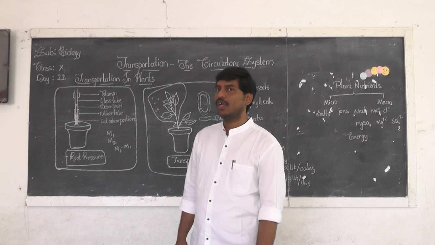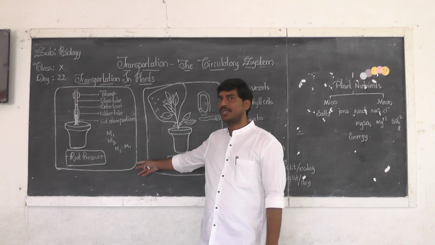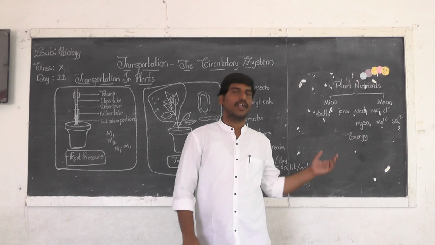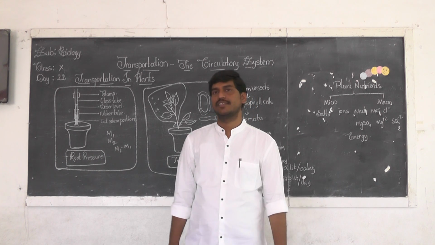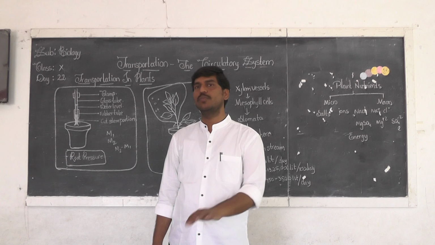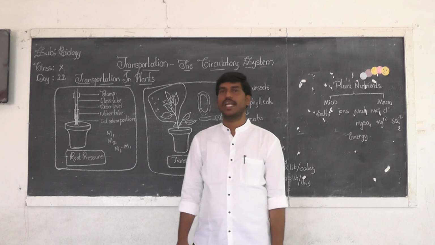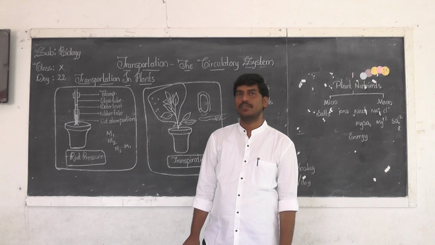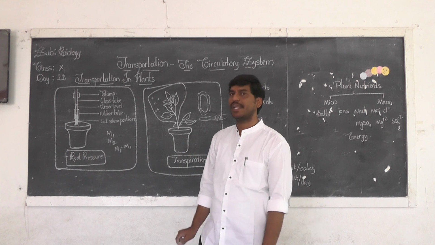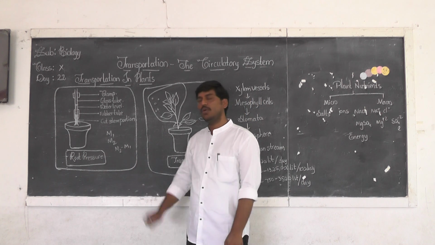So this is about today's topic, that is root pressure, transpiration and also transportation of mineral salts. And for today's home assignment, children, you need to write down about root pressure, what is root pressure, and describe an activity to prove root pressure.